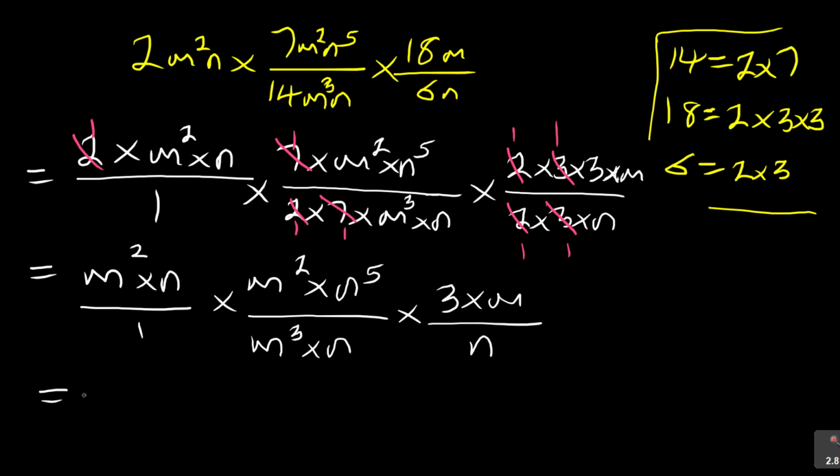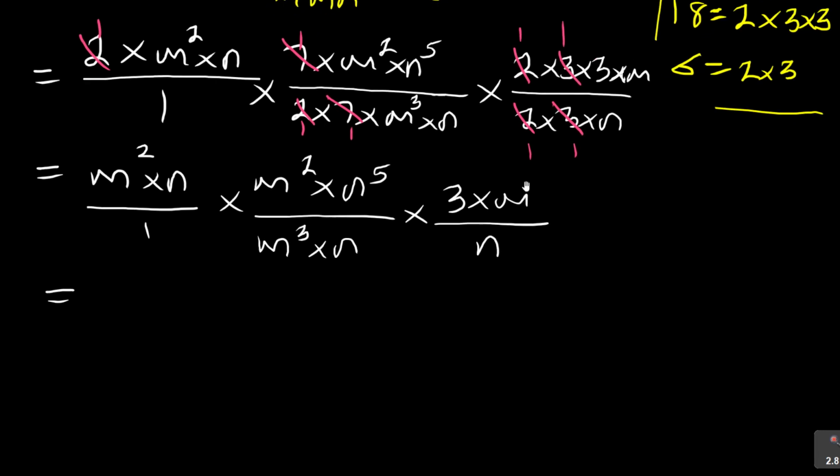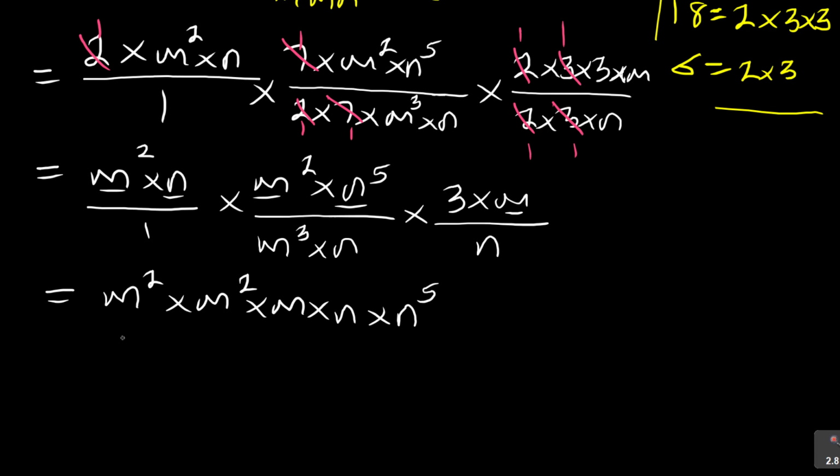Now when you do that, you can apply the laws on top. Focus on m, collect all the m. It's m squared times m squared, and there is another m times m, because everything is multiplying. Then you follow with n, there is the n, and there is another n. Remember, it's using the laws of exponents.